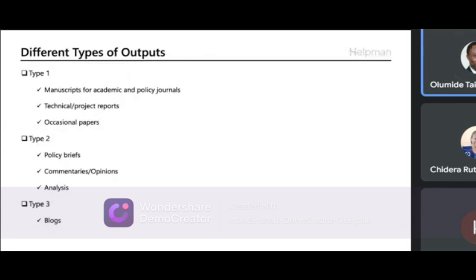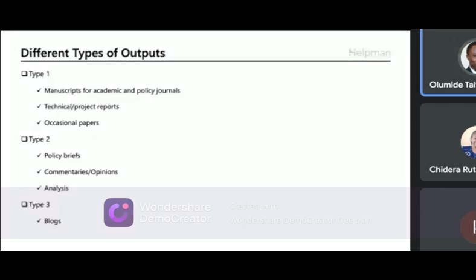Second type, you have policy briefs, commentaries, opinions and analysis. So type 2 is based on type 1, right? But it doesn't have the same structure as type 1. In policy briefs, you are looking at all the type 1 studies, the academic and policy journals, the ones that are really transparent and you can learn from, the technical project reports done in different places that you have access to. A lot of them are on the web; different programs that have run different projects here have their summaries and reports, and they are shared online.